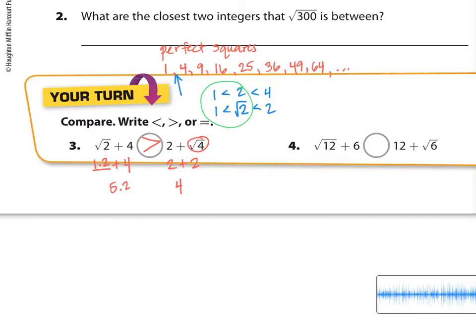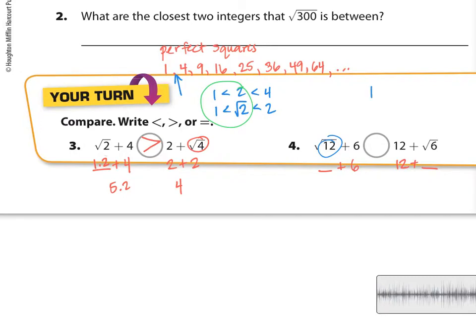So try number 4. So I have something plus 6. I don't know what that something is quite yet. And then I have 12 plus something. So let's do the square root of 12. Okay, so that's this thing right here.